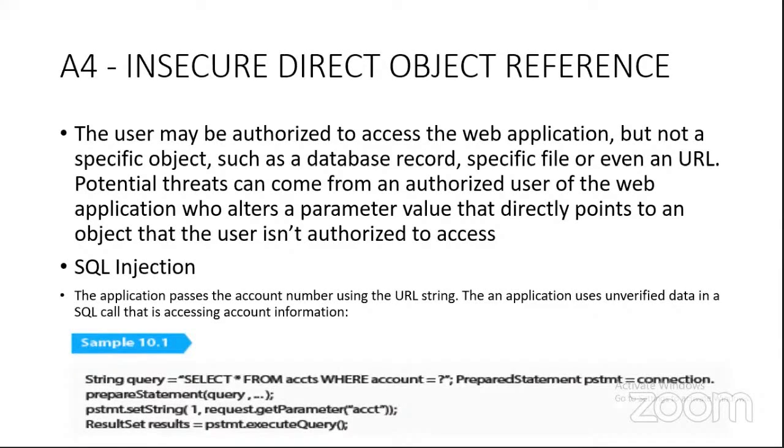Okay? And there are mitigation ways for that. The key is that you have a role. Every piece of data can be accessed only by people with a certain authorization level and certain roles. So you have access control of data.